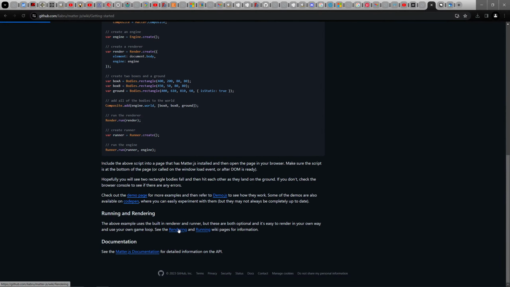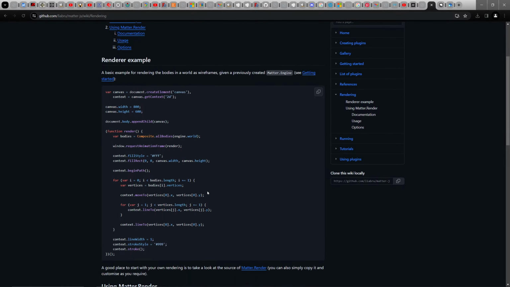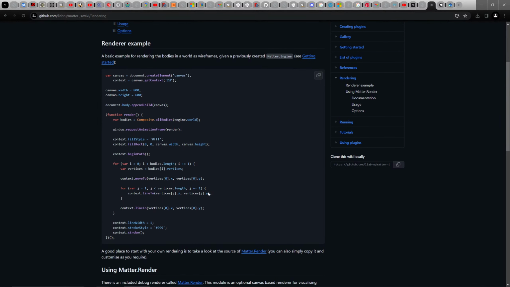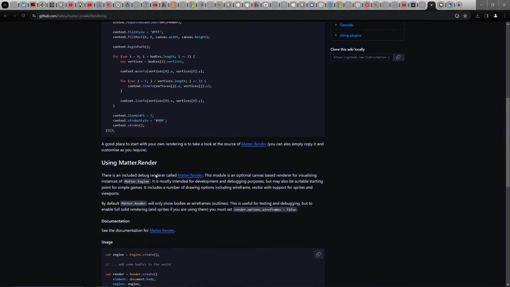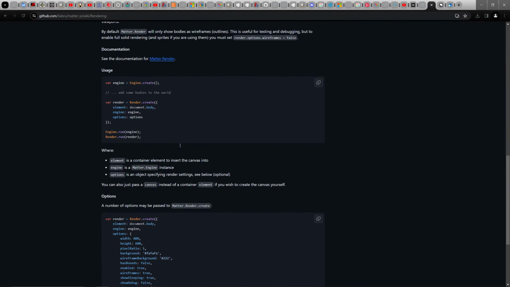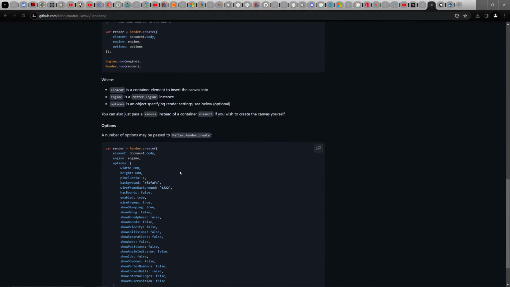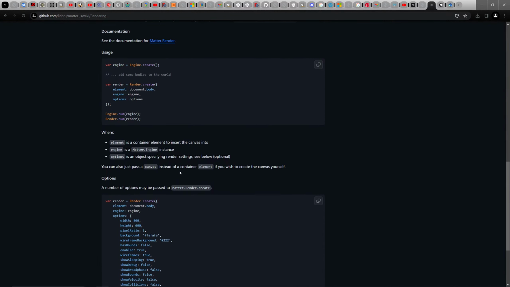Yeah, let's just go ahead and first read up on it. Rendering the bodies in the world as wireframe. Take a look. Include a debug render called Matter.Render.create, as a canvas instead, if you wish to create the canvas yourself.